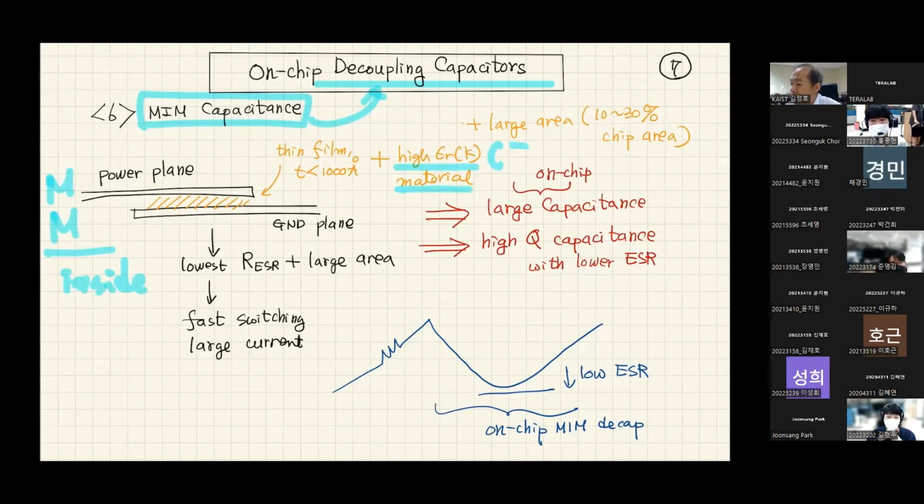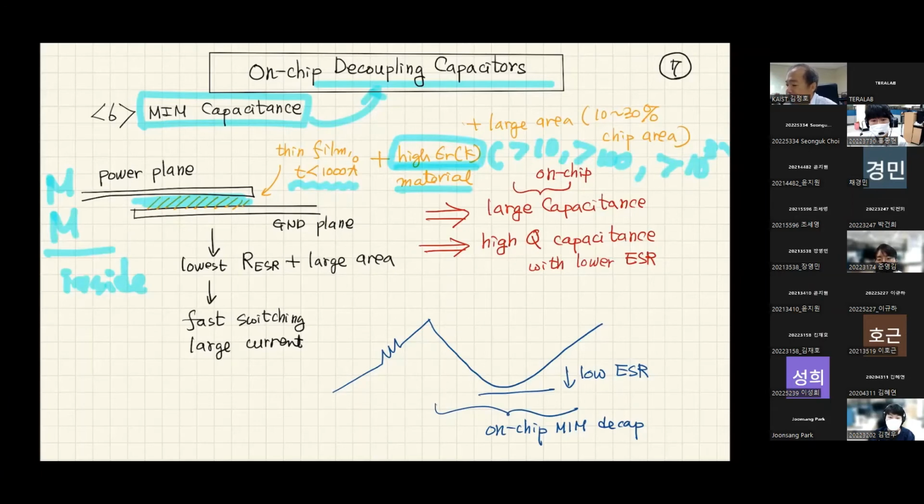It could be more than 10, or more than 100, or 10 to the 3 or 10 to the 6. I'm expecting a very high dielectric material sandwiched between the power and ground metal. I'm assuming the thickness could be less than 1000 angstrom.